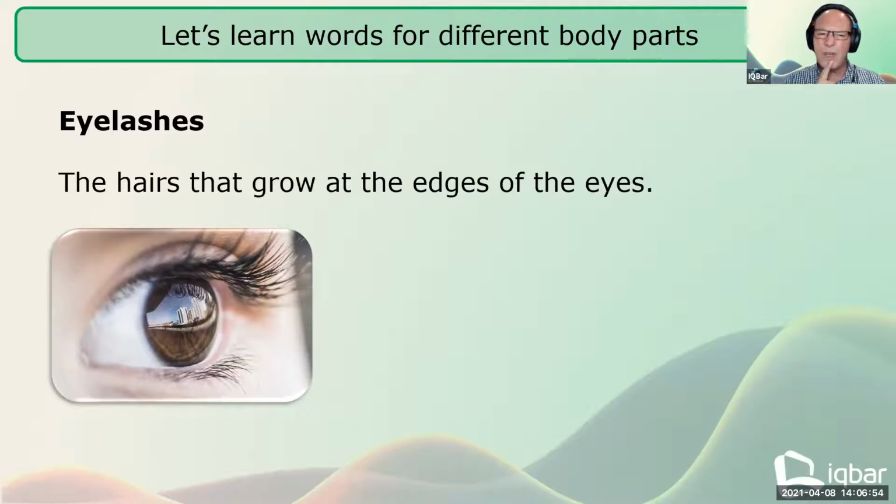But why do we have eyelashes? That's an interesting question. We have eyelashes to keep things from getting into our eyes. So it is very useful to have them, because otherwise you would walk around with sore eyes all the time.